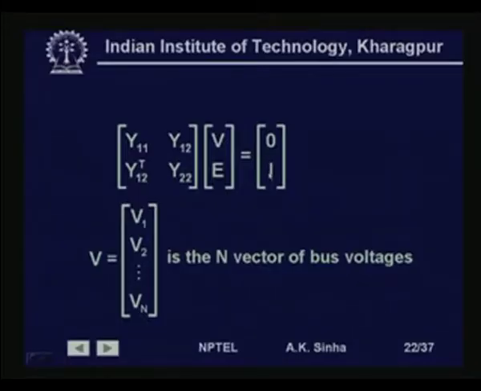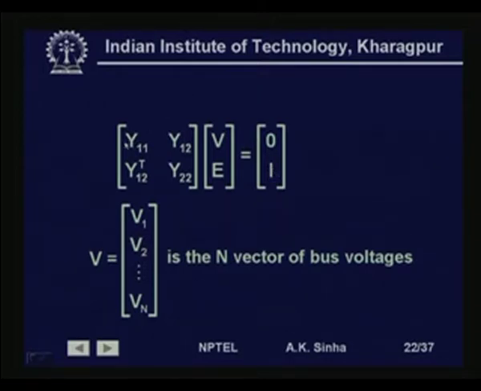That is, if there is a load at bus 4, then Y44 gets modified by adding this admittance to the previous value of Y44. So, all these loads are considered as constant admittances, and therefore, there are no injections into the system except for the generating buses, where the generators are injecting current into the system.